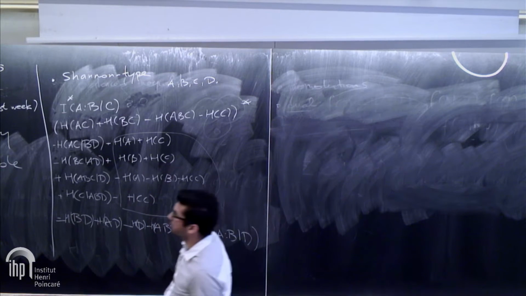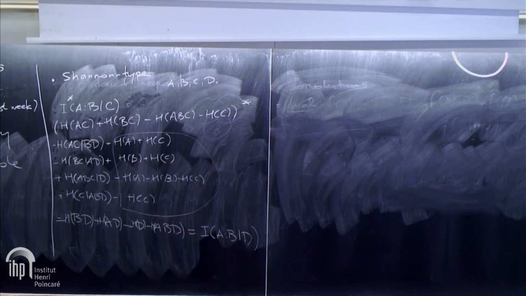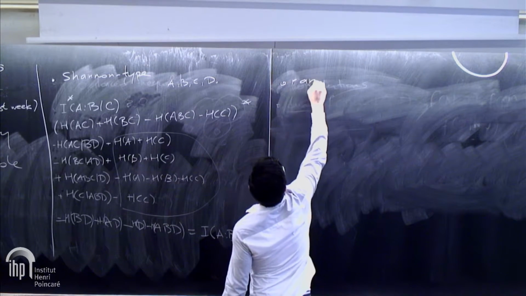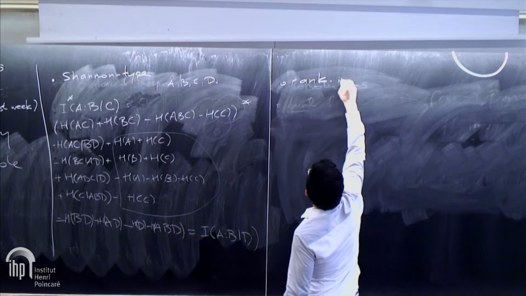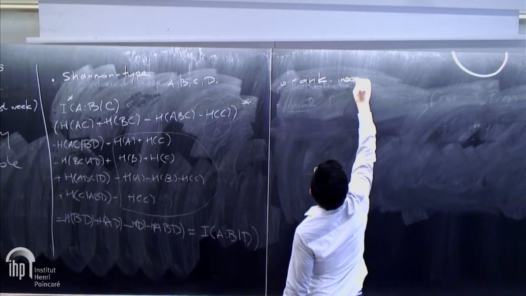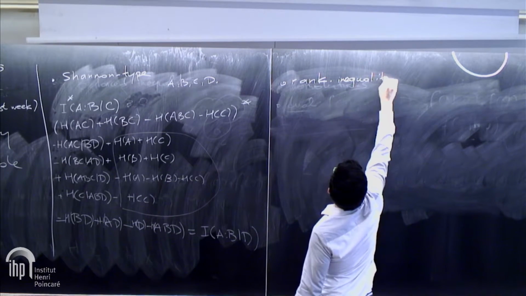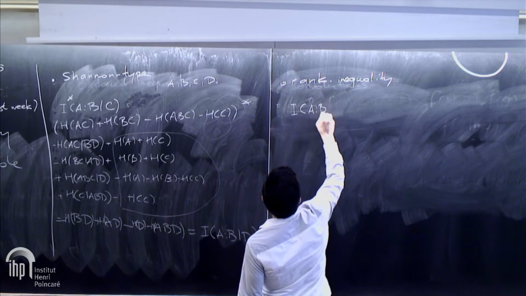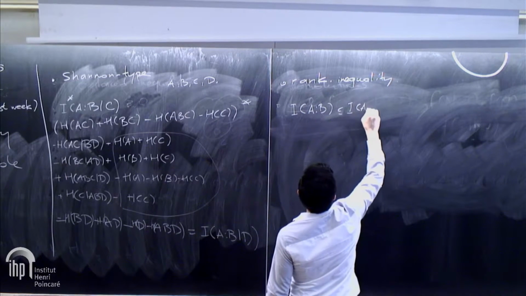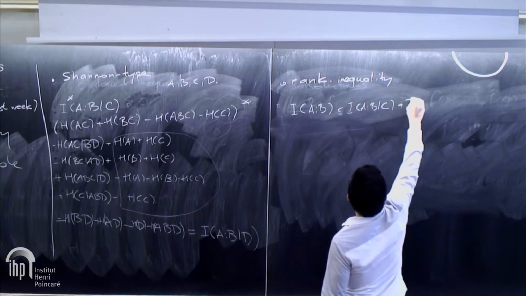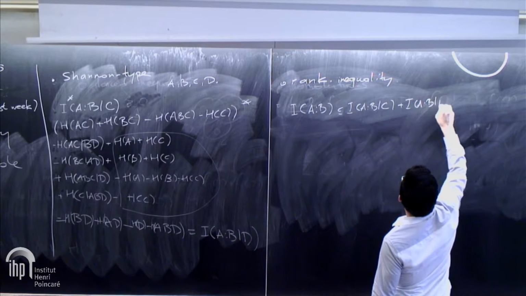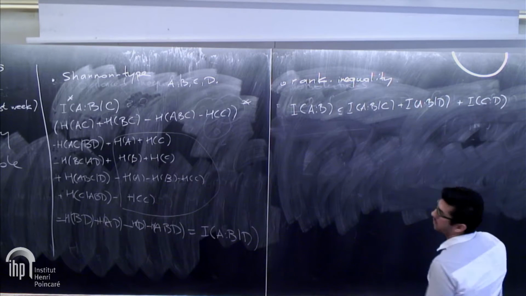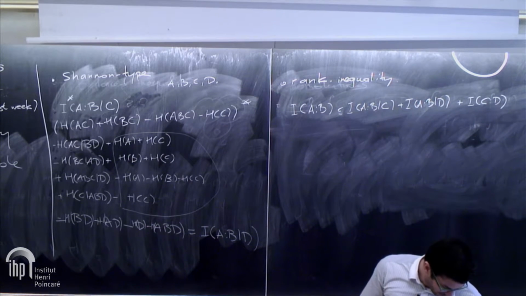Up to n equals 4, then something happens: we get a new inequality, which is called the Ingleton inequality, which looks like this. So this is an instance of the basic inequality.